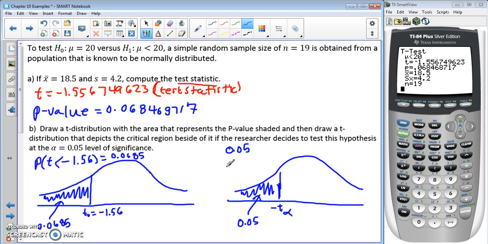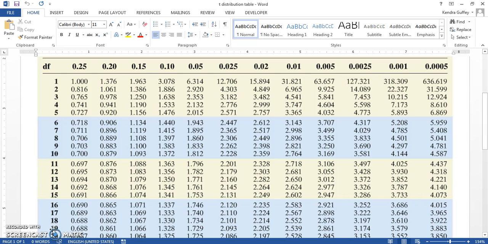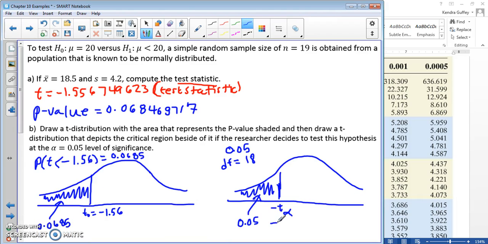And then degrees of freedom, we do n minus 1, so we're looking at 18. So using our table, 18 degrees of freedom, 0.05 is 1.734. So this is going to be negative 1.734. So you can kind of see those two side by side and see what's actually going on now.